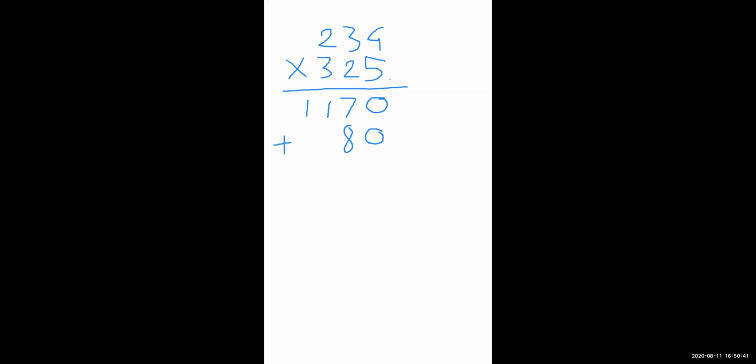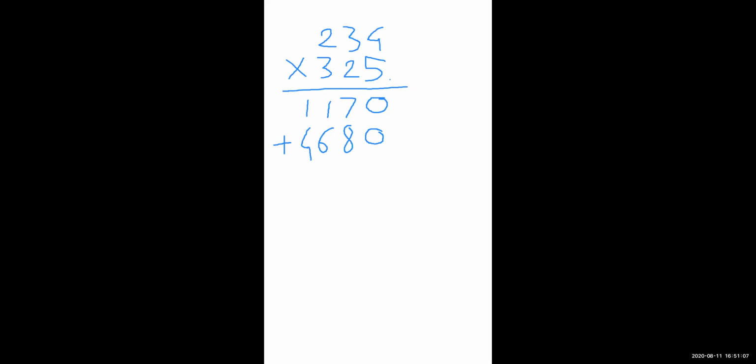I will write here 8. 3 2s are 6. Okay. Sorry, 3 2s are 6. 2 2s are 4. Okay. Yes. Means after multiplying the tens place digit, you will get here 4680.